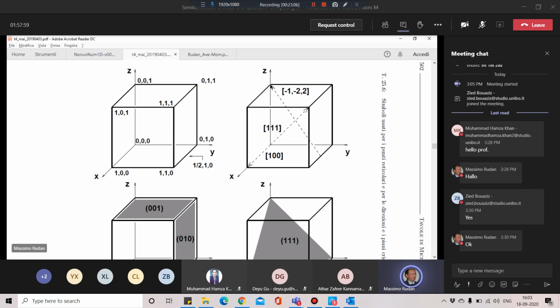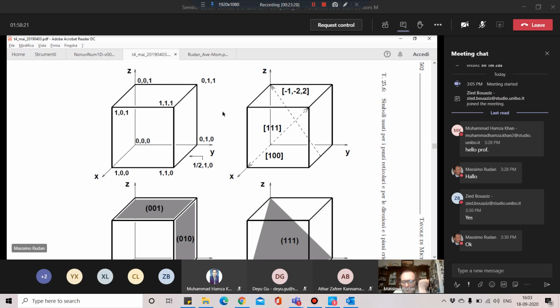Okay, remember these important directions: [1, 0, 0], [0, 1, 0], [0, 0, 1], and [1, 1, 1], because we shall find them again when we shall deal with the properties of silicon.